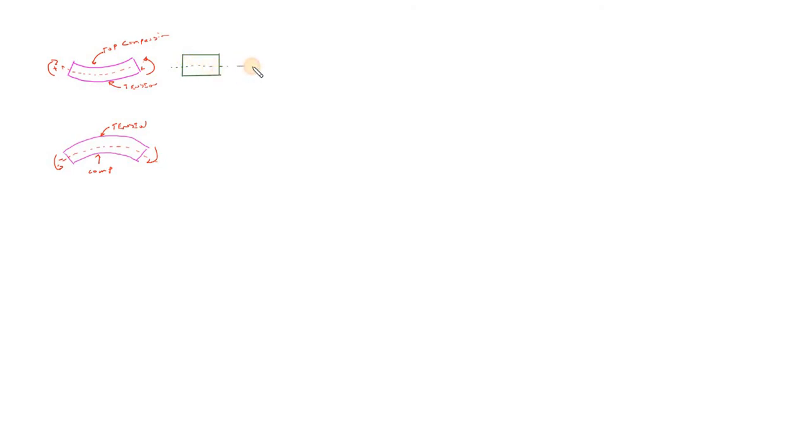We'll call that X, and this would be our Y. We said that the top is in compression, so this is going to be going in, and in tension it's going to be going out like this. Just a diagram there.